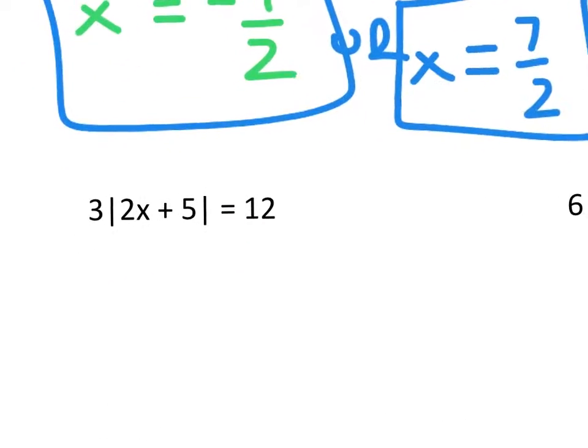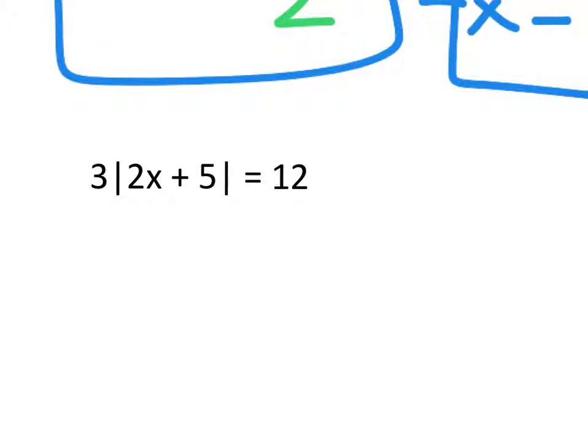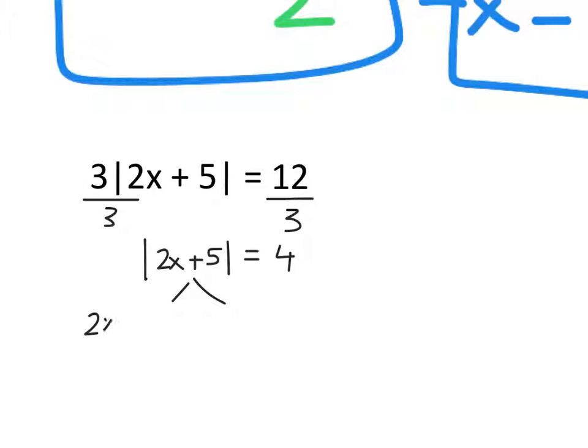Okay, next one. Absolute values you never want to distribute, so you need to get rid of the 3. So if this is 3 times this, I'm going to divide. So I got the absolute value of 2x plus 5 equals 4. So I'm going to break this off into two equations. So 2x plus 5 equals 4, and 2x plus 5 equals -4.